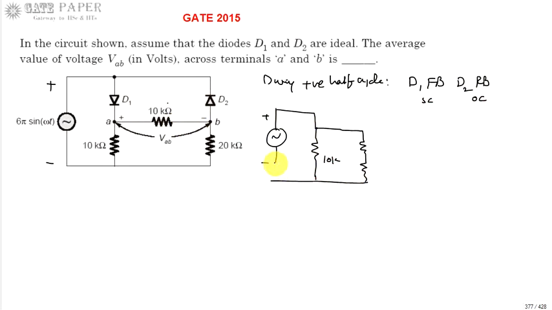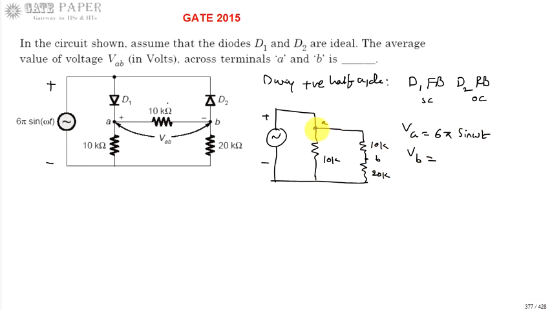So this is the equivalent circuit, and this node is the same as 6 pi. This is node A and this is node B. So VA is equal to 6 pi sin omega t during the positive half cycle, and VB is the voltage across the lower resistance, that is 20k, with 10k.